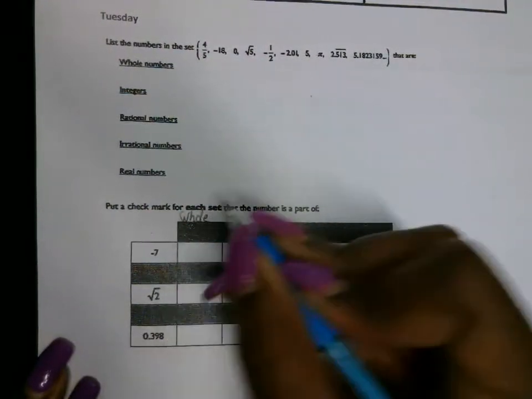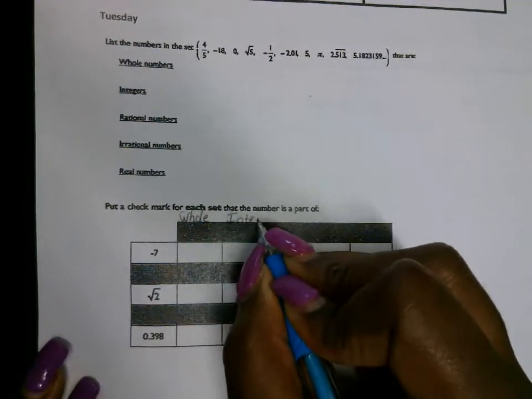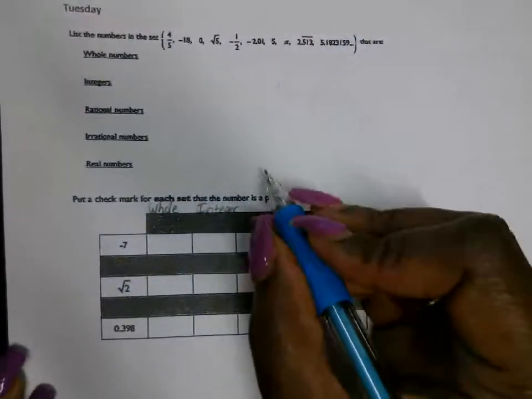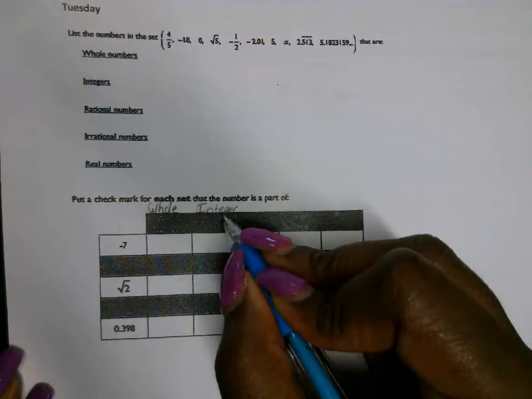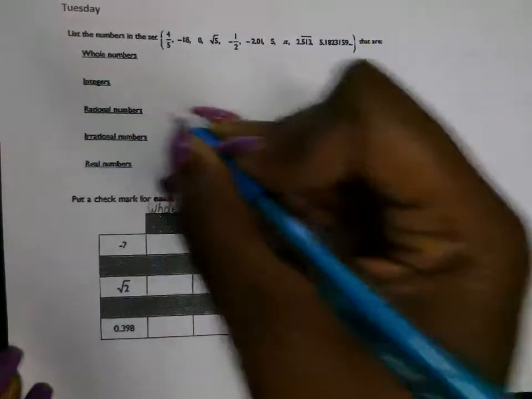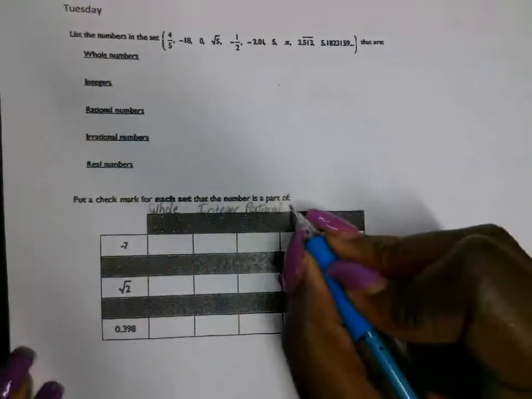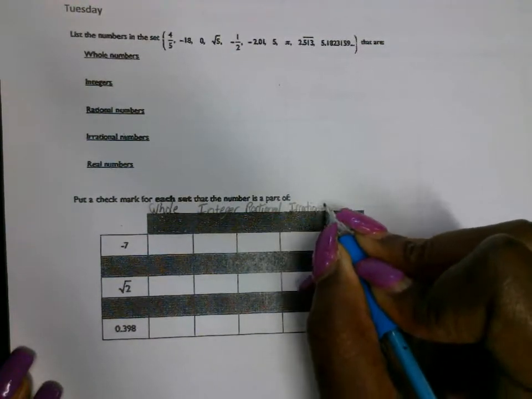Integers. Whole number, integer. Then what's the next one? Rational. This is rational. So it's going in that order. Irrational. And what's the other one? Real numbers. I'm glad y'all can see that.